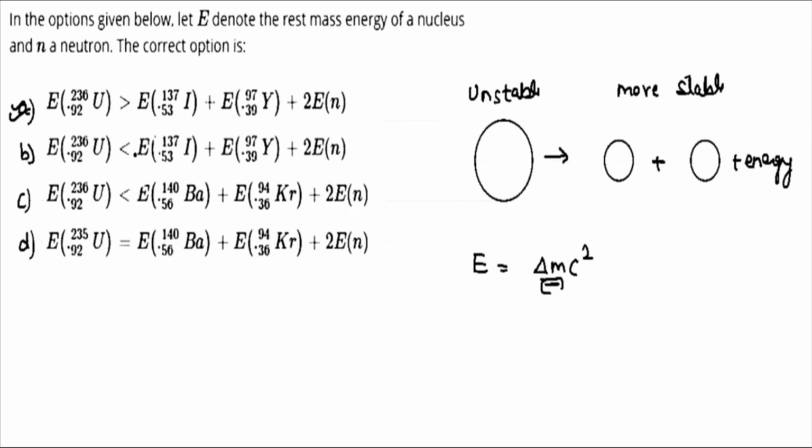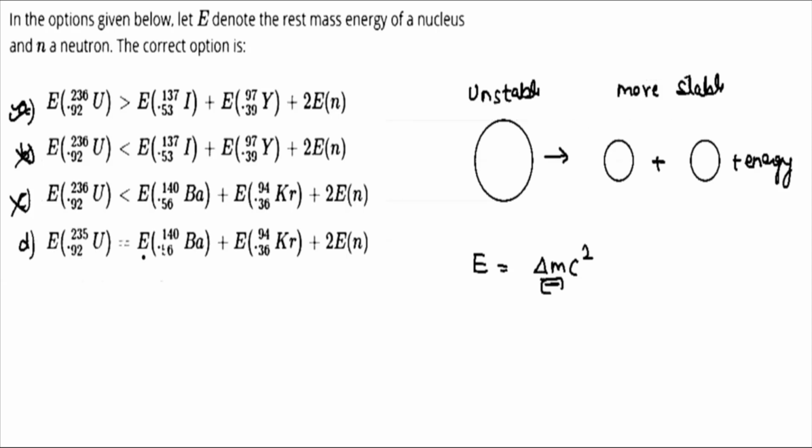Now, the second option says it is less than. No, it won't be less than. Why? Because the products get their energy from the reactant itself, so the product cannot have a greater energy than the reactant. Now, the C option is basically an extension of the same option, but with different elements. Even if you change the elements, the rest mass energy of uranium should be greater than that of the products, because they are more stable, and more stable means less energy.